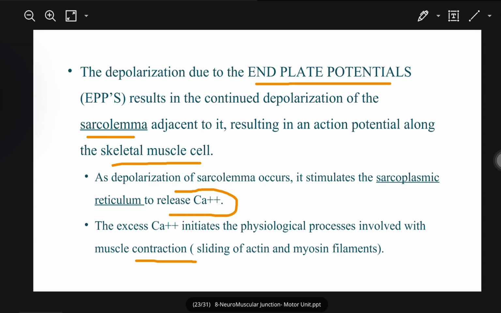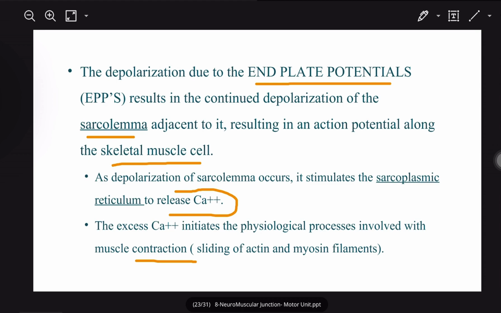We started with sodium, then calcium. From the presynaptic terminal we went to the end plate, and in the end plate potential, sodium will play a part. Either it will be excitatory or inhibitory. If it is excitatory, we will have an action potential.